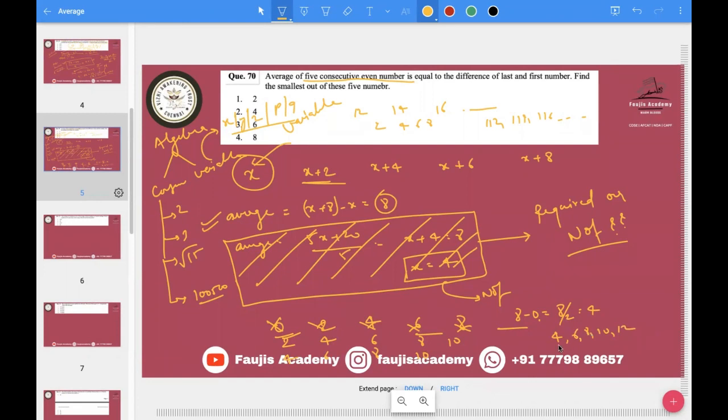The average of the 5 consecutive numbers is equal to the difference of the first and last. What is the difference of the first and last? 8. And what is the average over here? 8.